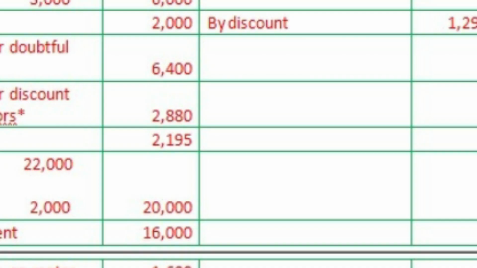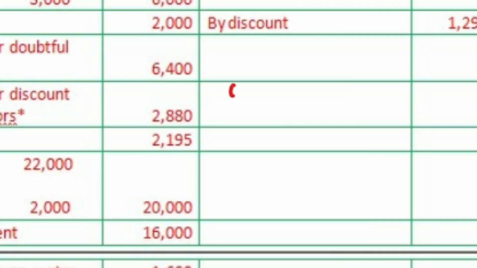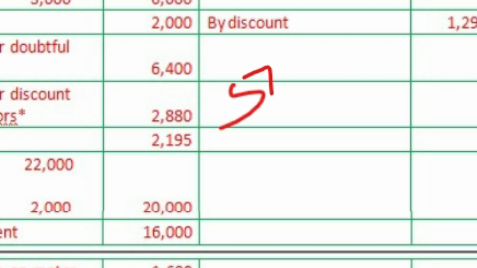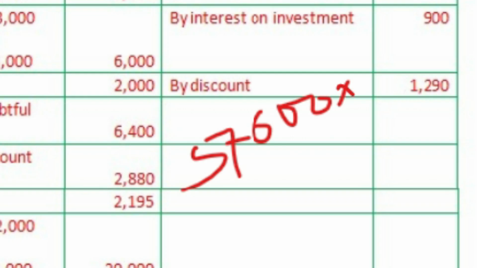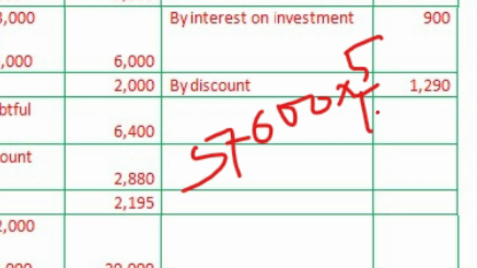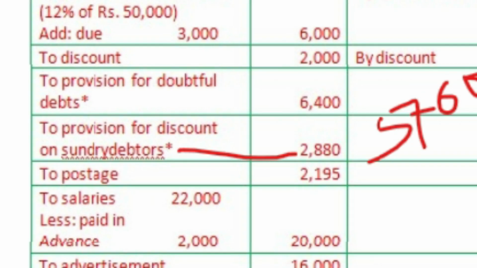On 57,600, 5% provision for discount on debtors gives 2,880, and it is written here, 2,880 rupees.